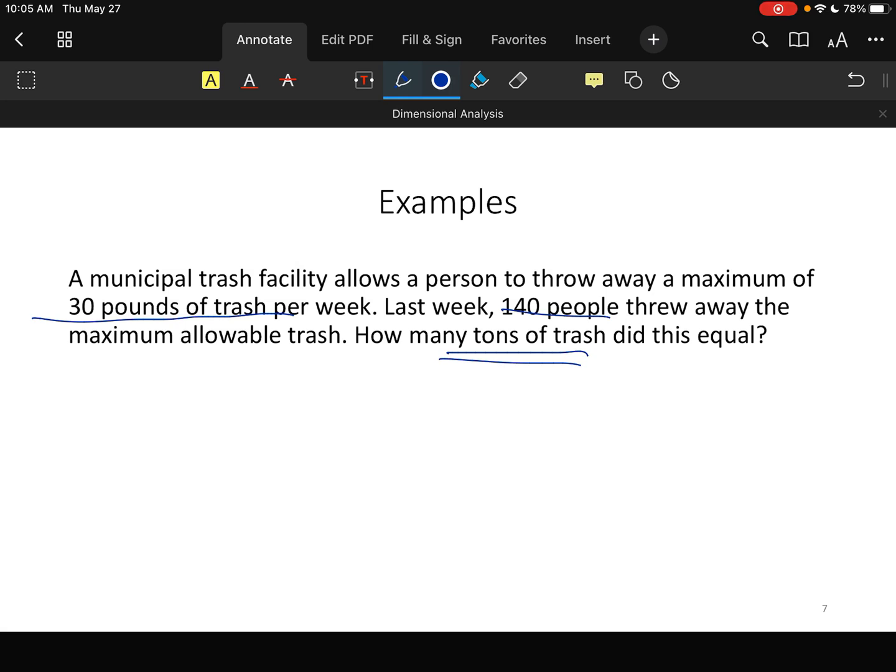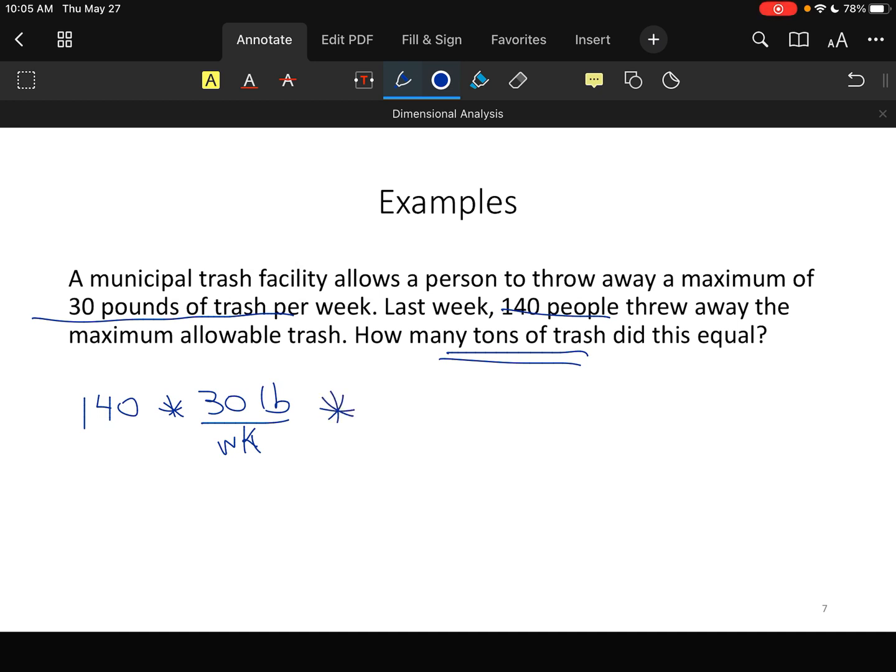Okay, so I see pounds, tons, and I've got a set number of people. So let's do it this way. We've got 140 people. They each have 30 pounds of trash, and then let's say per week. Okay, and let's clean that up just a little bit. All right, times.